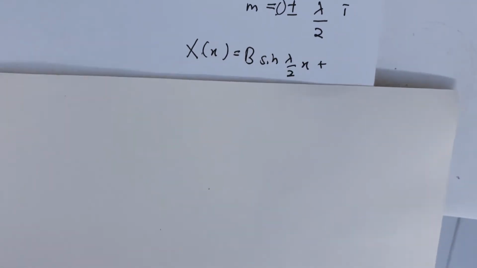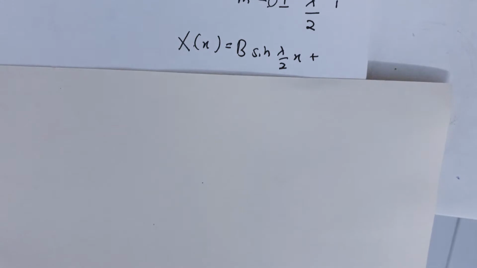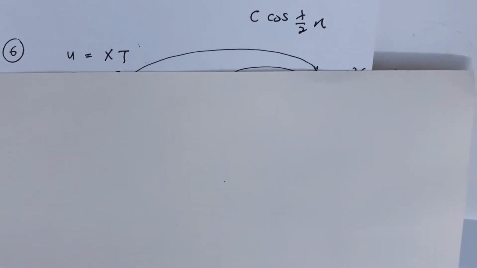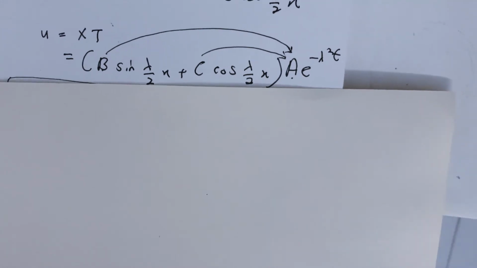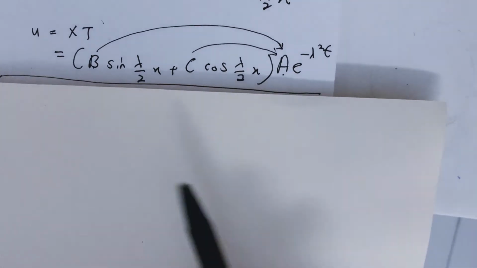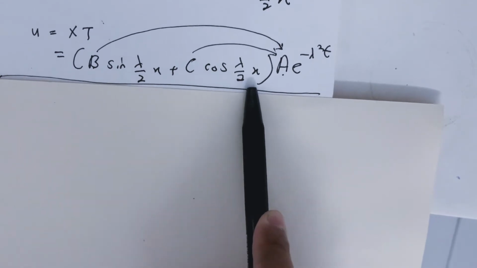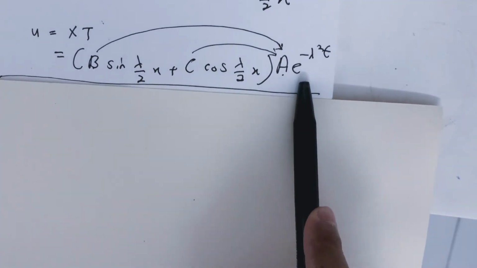Okay, because the solution that we assumed earlier in step one is u equals x times t, we're going to use that. Okay, u equals x times t, so x function, the solution earlier, times t.